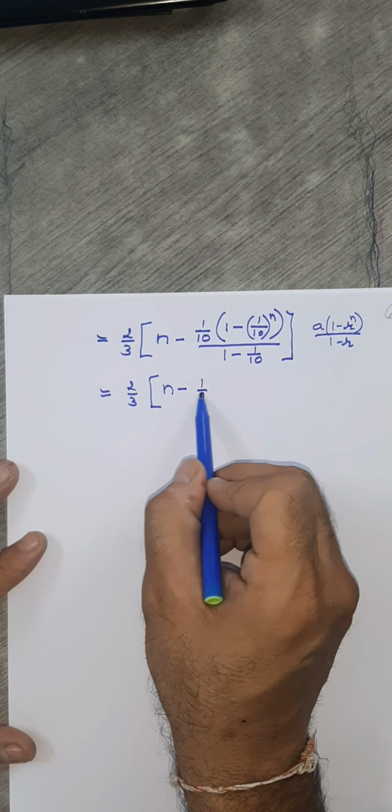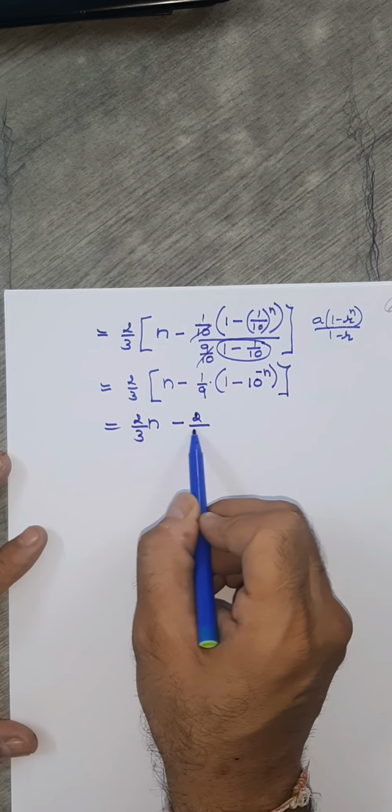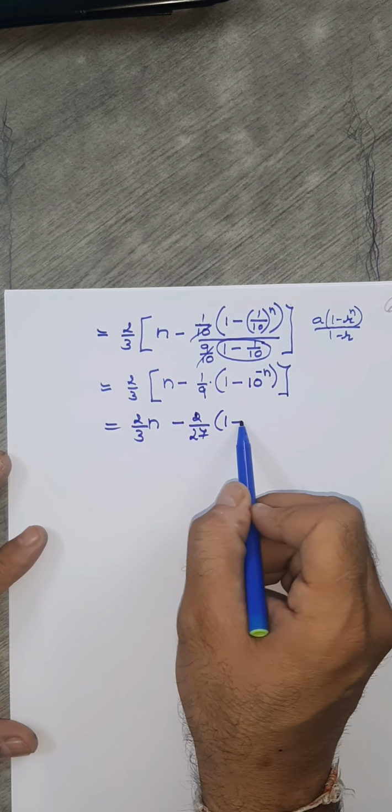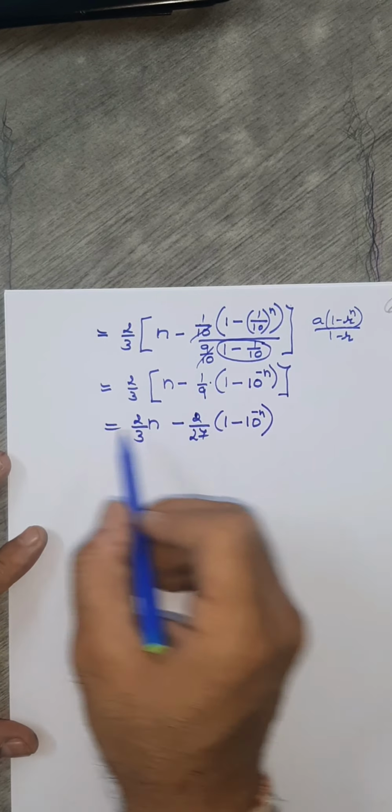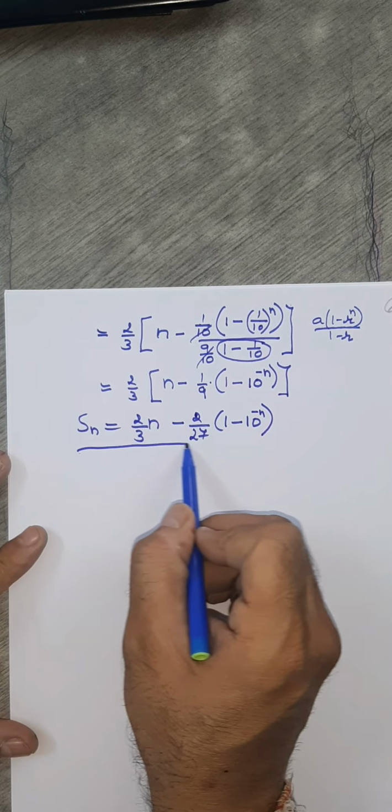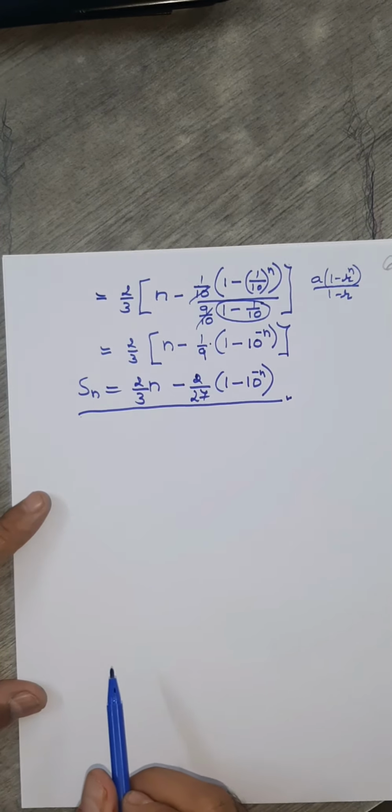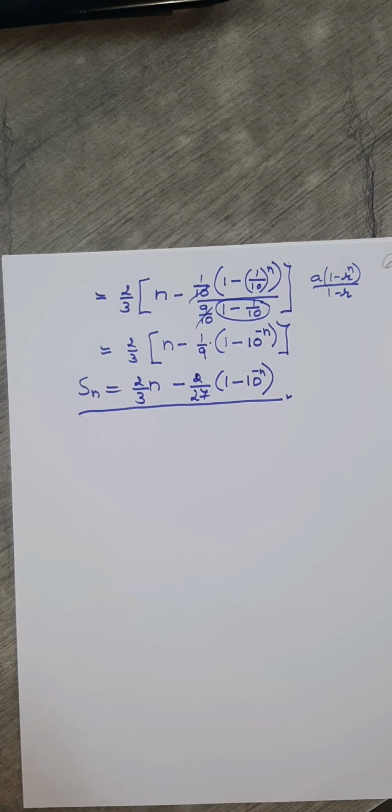This you can rewrite as 1 upon 10 raised to n. So this is 10 raised to minus n. If you want, you can take just 2 by 3 inside this. So I'll get it here, 2 by 27 into 1 minus 10 raised to minus n. This is the required summation, sum of the n terms of a given progression.